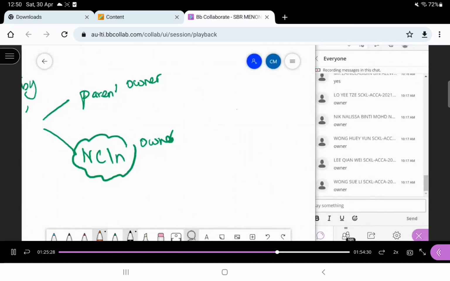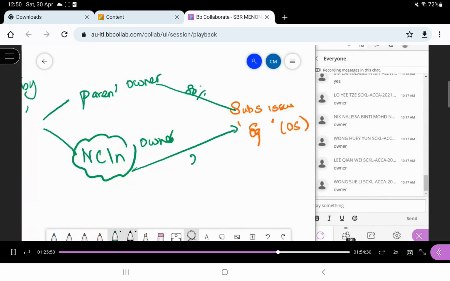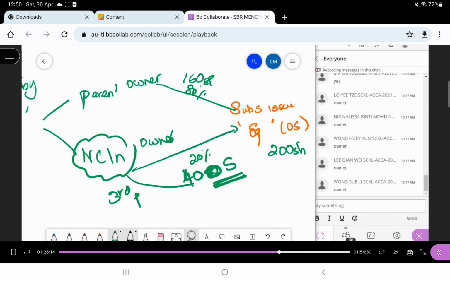So let's say that we have a subsidiary company. Subsidiary company issues equity. Equity means ordinary shares. Let's say parent 80%, NCI 20%. So let's say, for convenience's sake, 200 shares: 160 shares, 40 shares. Now this third party that holds the 40 ordinary shares are called NCI.